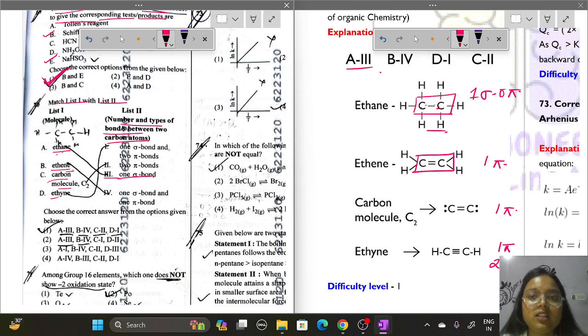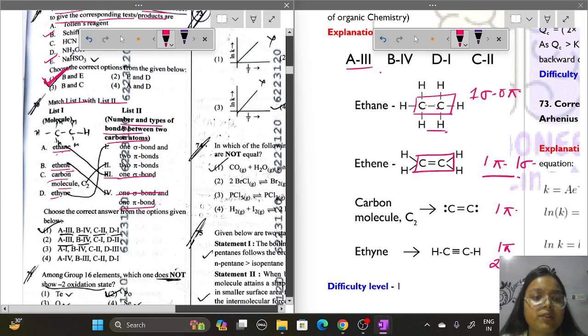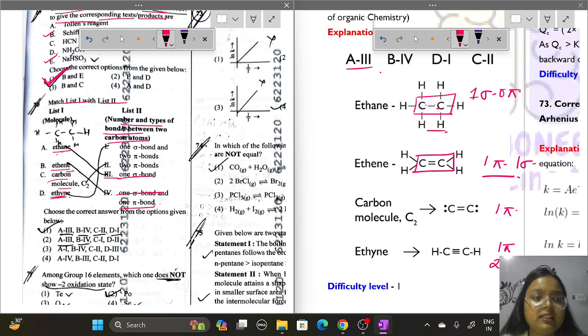For ethene, option number 4, 1 sigma bond and 1 pi bond. Yes, 1 sigma bond is also there. So for ethene, for D, for C, ethyne, wait. For C, carbon molecule.